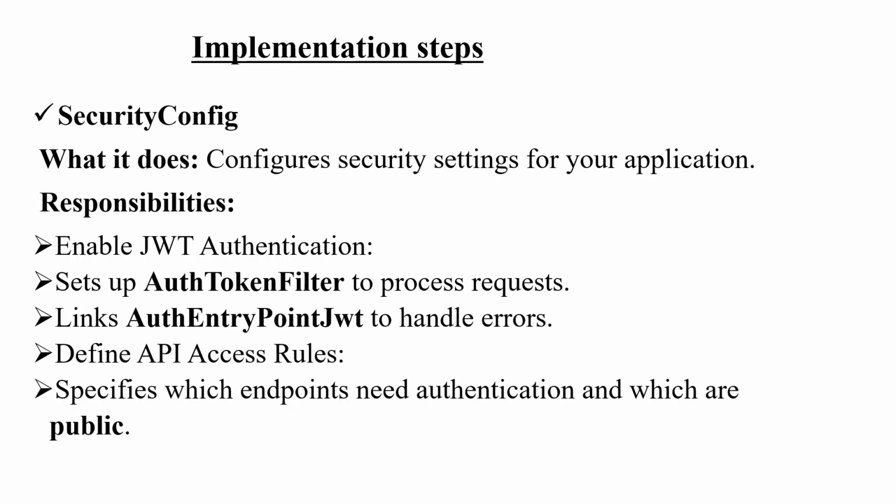Remember, we have talked about the auth token filter, so we set this filter in the Spring Security config. It links the authentication entry point JWT to handle authentication errors. It defines API access rules, specifying which endpoints need authentication and which are public. We are going to see all this information in a second when we start the actual implementation.